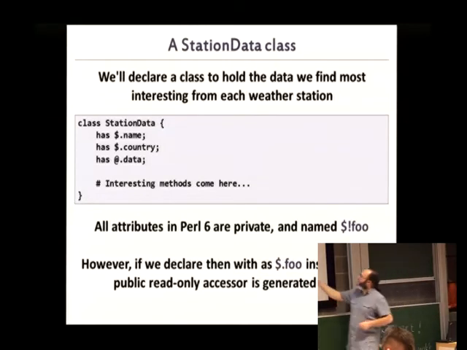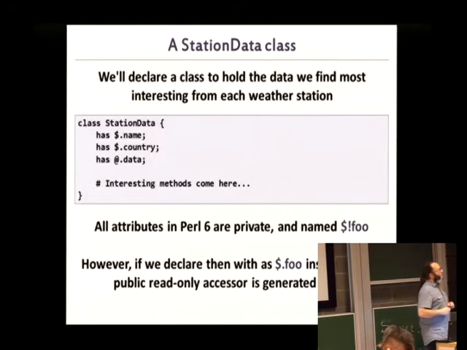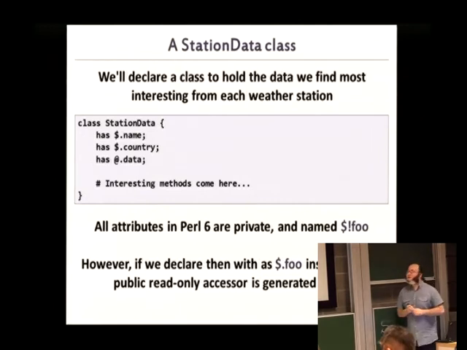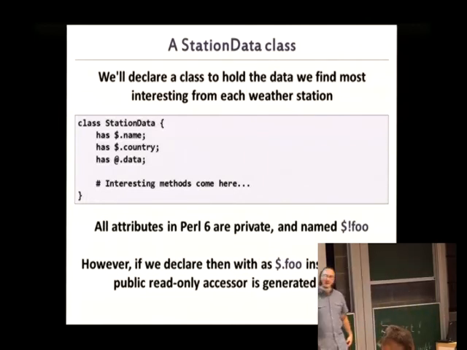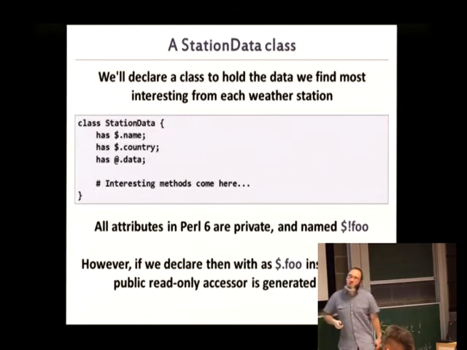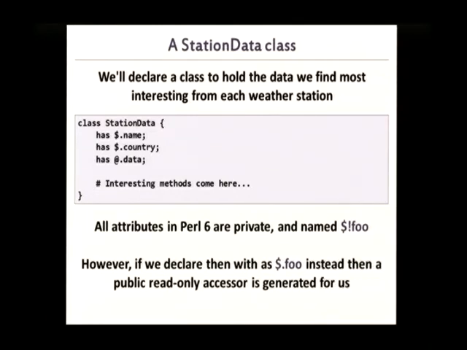But we have introduced these, we call them twigils, secondary sigils, which tell you something about the scope of a variable being unusual. The exclamation mark one simply means this is private to the class. Now when you write $.name, it actually declares a private thing, and then it makes you an accessor method. So your choice of private or public is whether you type dot or exclamation mark.